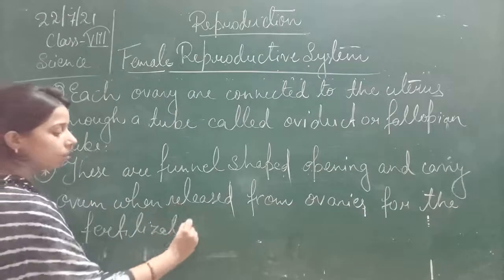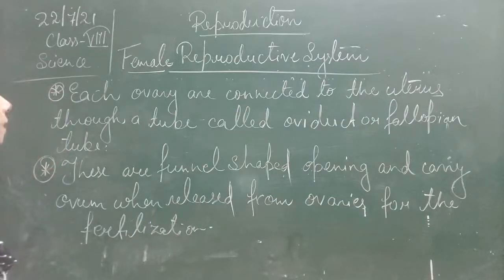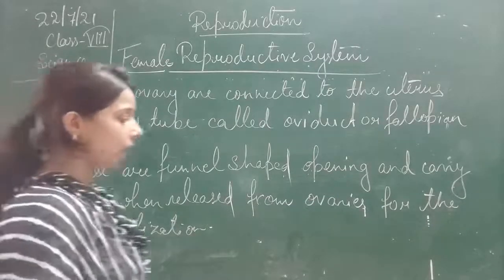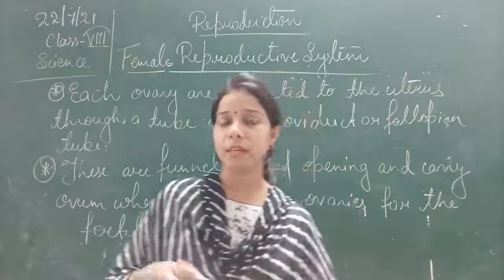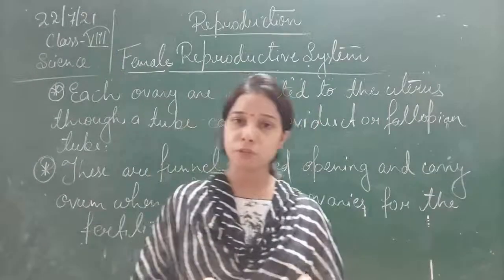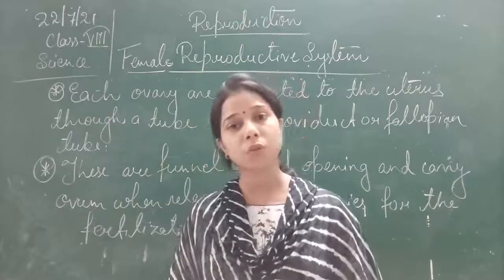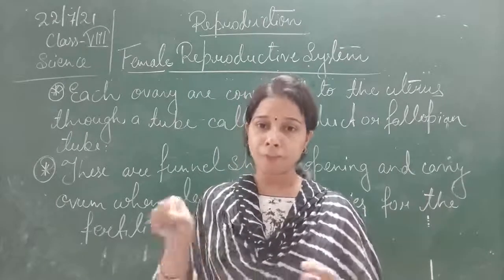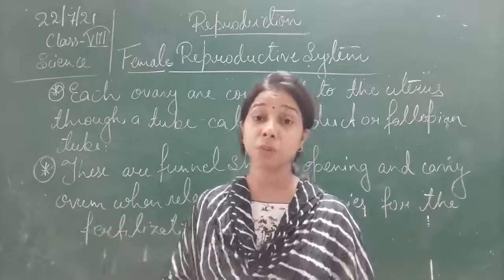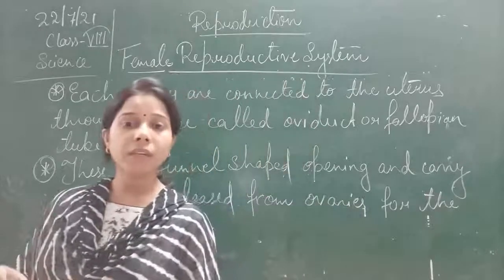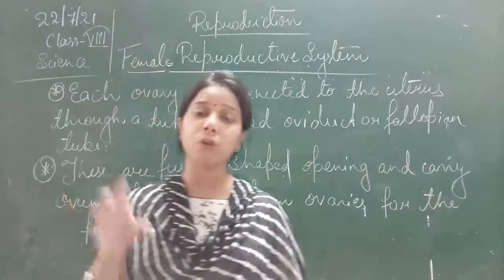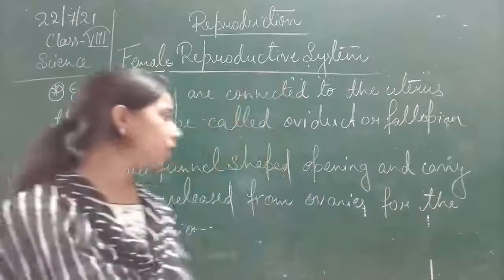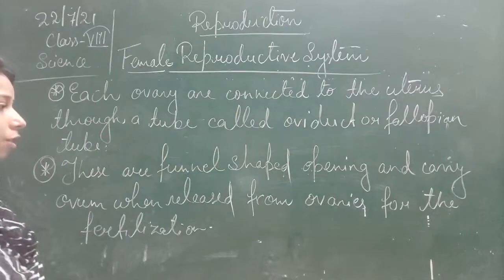Basically, what does that mean, students? Let me explain to you. Here it is written that each ovary is connected to the uterus through a tube called the oviduct. When the ovum is released, first of all it will enter the oviduct, which is also called the fallopian tube, and from the fallopian tube it will reach the uterus, where the fertilization process can occur.